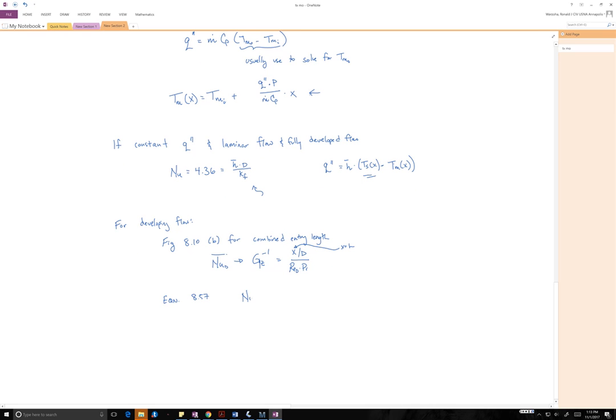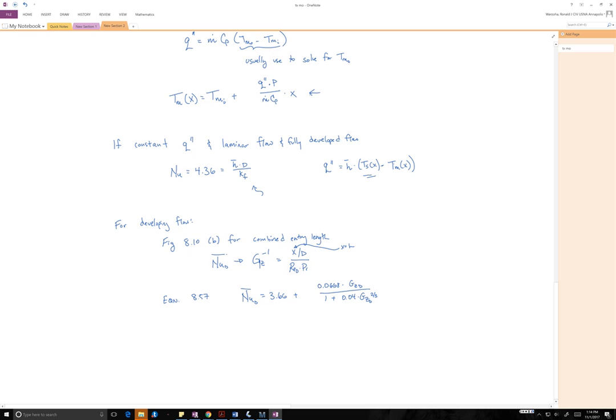It says that the average Nusselt number is equal to 3.66 plus 0.0668 times this Graetz number divided by 1 plus 0.04 times this Graetz number to the 2/3 power.